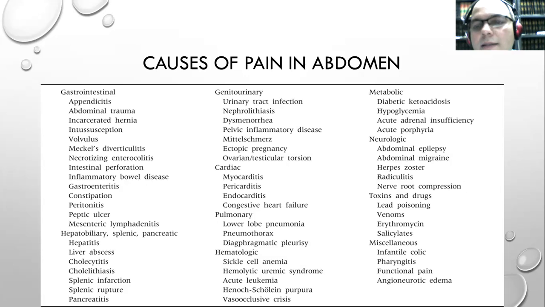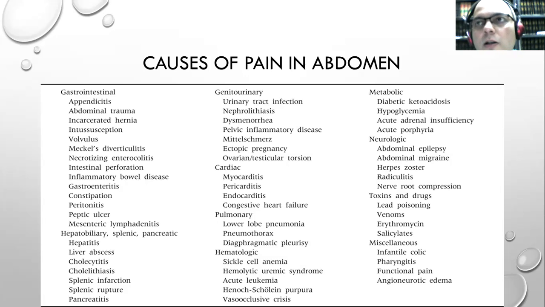Then salicylates: if you are using salicylates for a longer time, that is going to cause peptic diseases, and the child might complain of pain in abdomen. Then venoms, that is scorpion bites or venoms of insect bites can cause pain in abdomen.